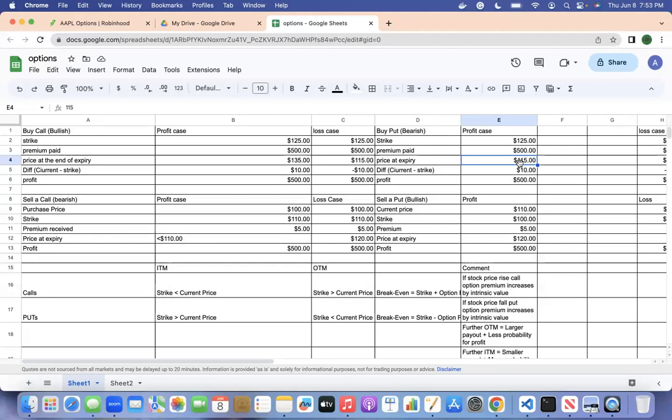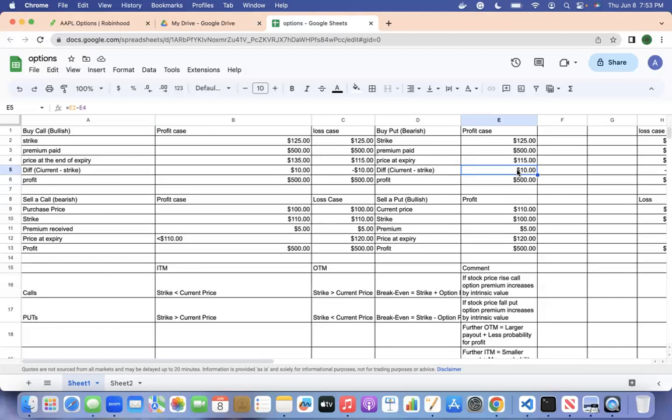But if you had made the whole purchase of $12,500 here, and the stock is down $10, and let's say in a month you have to sell that stock, or you need money, or for any reason you have to sell, you would have lost $10 for each stock. 100 stocks is $1,000, right? So you would have lost $1,000 instead of $500.